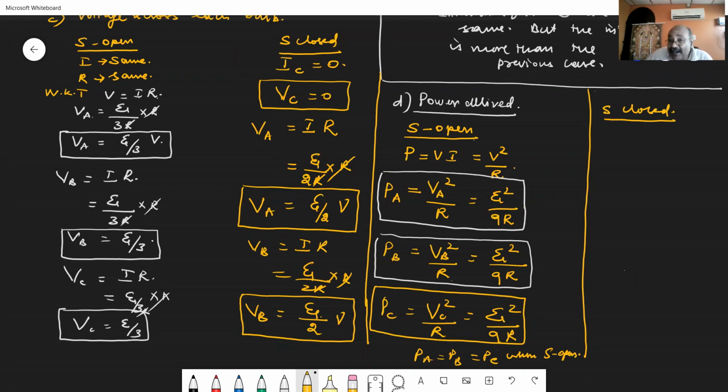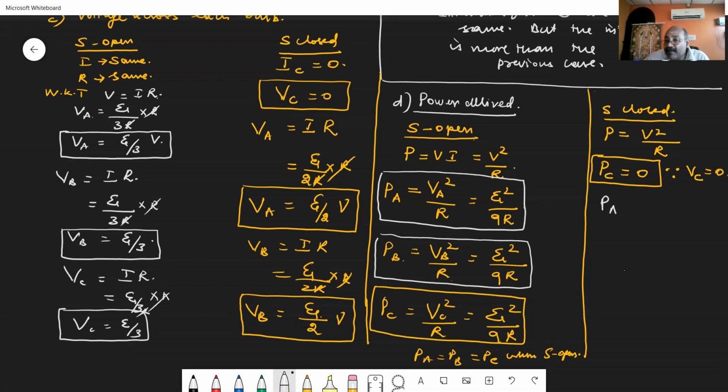Sir, when S is closed, we know that power delivered is given by the formula V square divided by R. First of all, I can write PC is equal to 0, since the voltage across the bulb C is equal to 0. Then what is the power delivered by A and by B when S is closed?